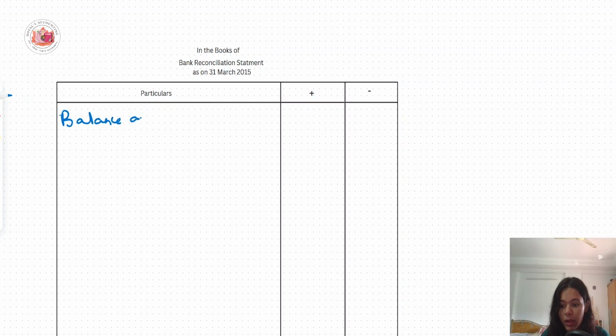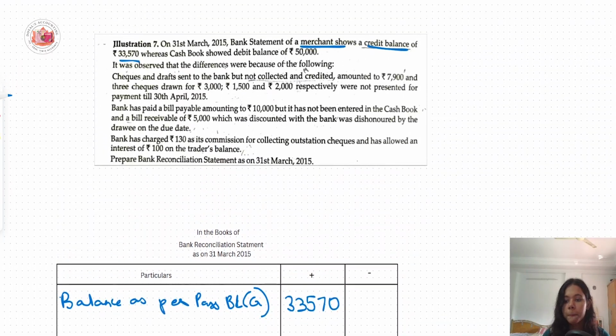Balance as per passbook, credit 33,570. Because it's favorable, I'm writing it in the add plus column.